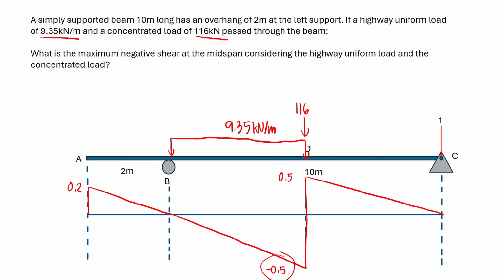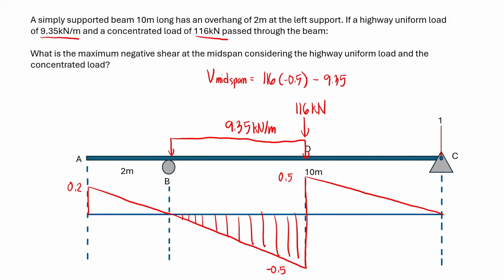Let's place that here. This is 116 kN. So the shear at the midspan will be, let's first consider this, 116 times minus 0.5, and then minus 9.35 multiplied by this area. We are multiplying by the area because we actually have infinite ordinates along the span. Again, this is only the concept.